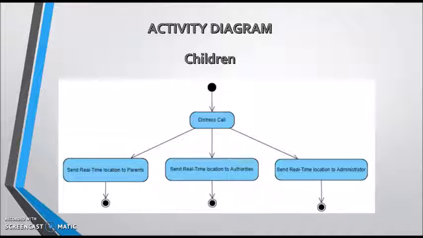This is the activity diagram for the children. The children have to distress call when they feel in danger, by clicking the button on their device. And then the device will send the real-time location to parents, authorities, and administrators.